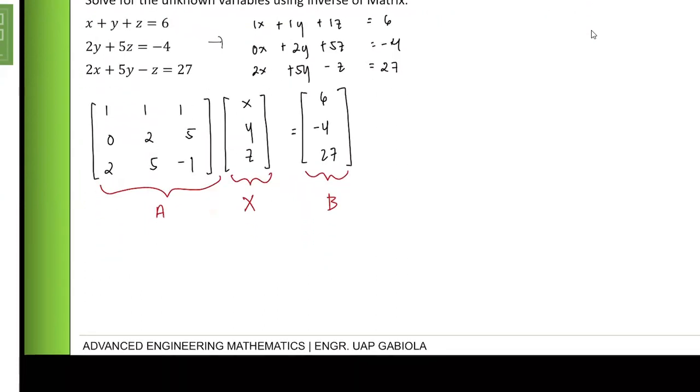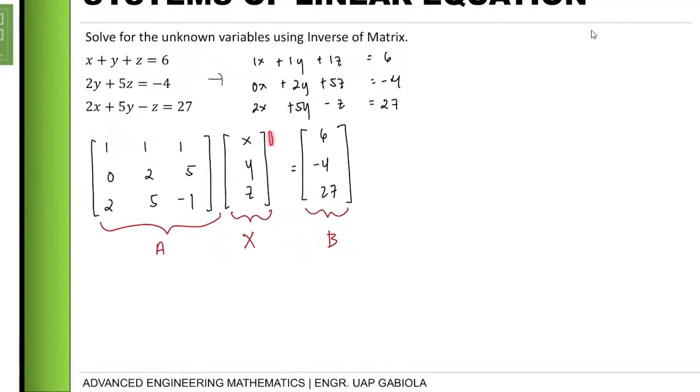Okay? So, para makuha natin yung mga unknowns natin na X, Y, Z, kailangan, di ba, kung sa algebra tayo, sulat ko, AX is equals to B. Para makuha natin si X, di ba ginagawa natin, divide natin both side by A, cancel yun, magiging X is equals to B over A. Okay? Pero, since matrix nga tayo, hindi pwede yung division.